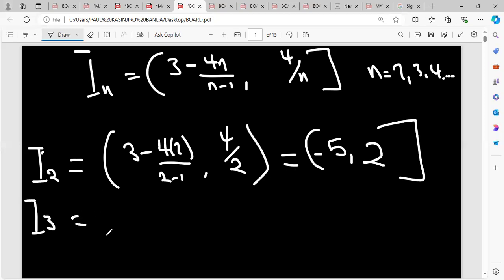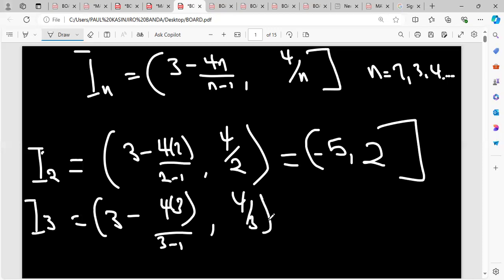Let's try to put 3. You just see the pattern. So if this is 3 now, (3 - 4×3/(3-1), 4/3). Okay, so this is a closed bracket like that.